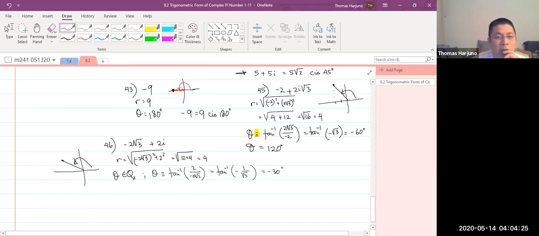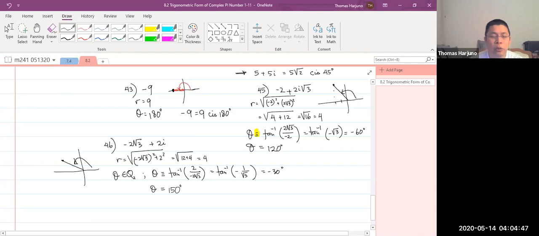But I need quadrant 2. What is theta? 150 degrees.